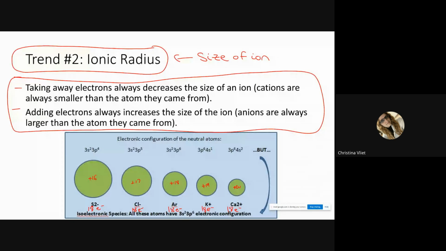So the greater the nuclear charge, which is the greater the force the nucleus exerts on its electrons, the more constricted the atom will be. Meaning the more condensed, the closer the valence electrons will be to the nucleus. So I'm going to go ahead and explain this for each factor, how we can look at this hopefully simply.